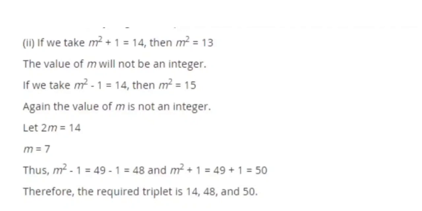So m is equal to 7. So m square minus 1 will come 49 minus 1, 49 minus 1 means 48. And m square plus 1 means 49 plus 1, so it is 50. And 2m is what? 2 into 7. It will come 14. So the required triplet is 14, 48 and 50.